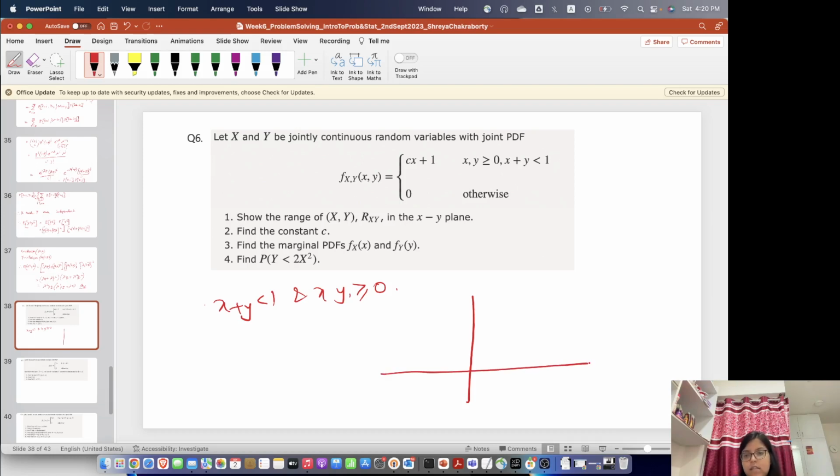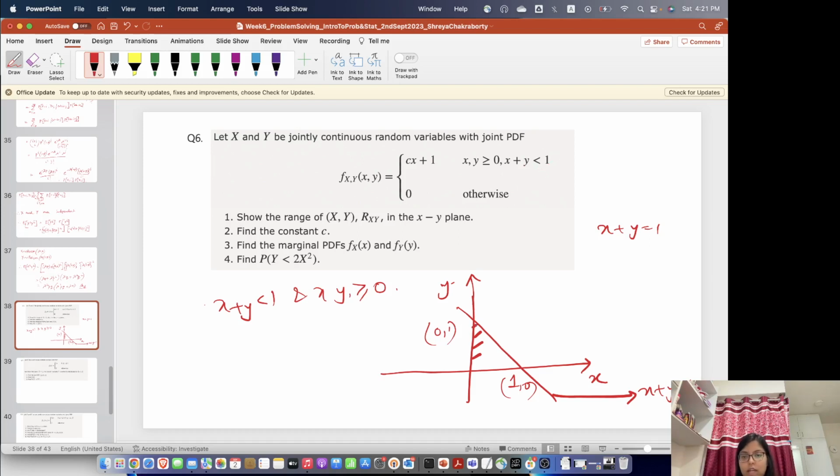So let us have this x and this is our y. x plus y equal to 1 is this line through (1, 0) and (0, 1). Now x and y are greater than or equal to 0, so this entire first quadrant simply implies x, y greater than or equal to 0. But x plus y is less than 1.